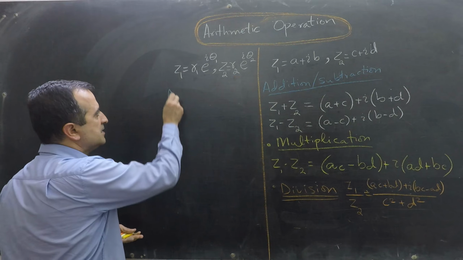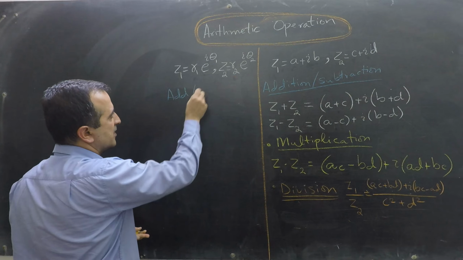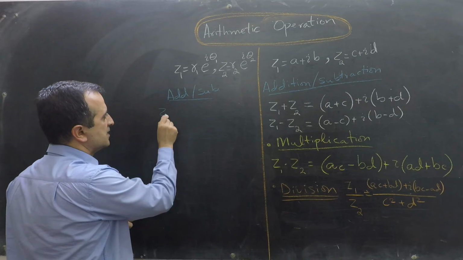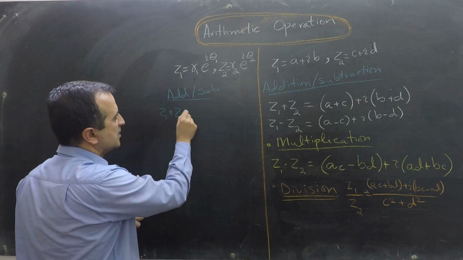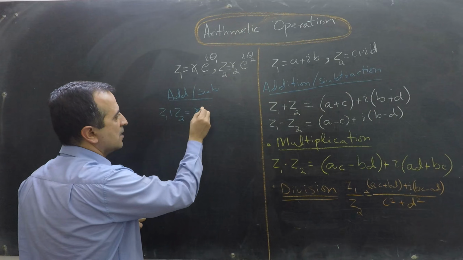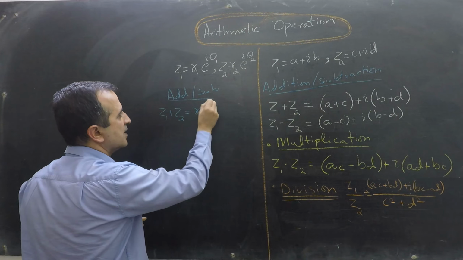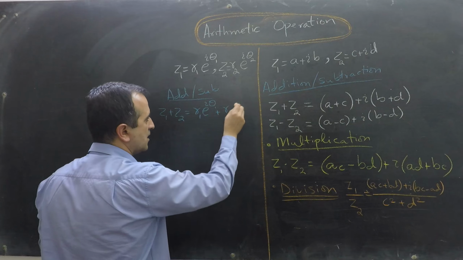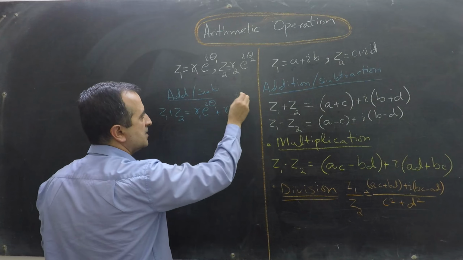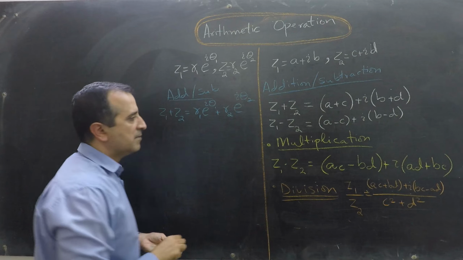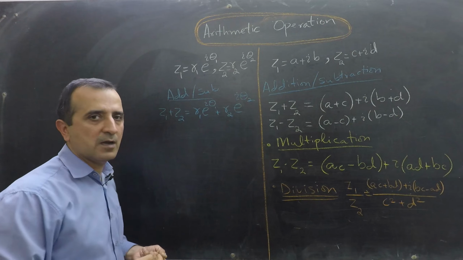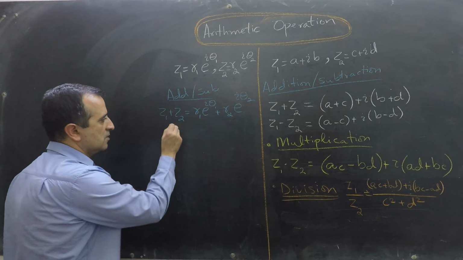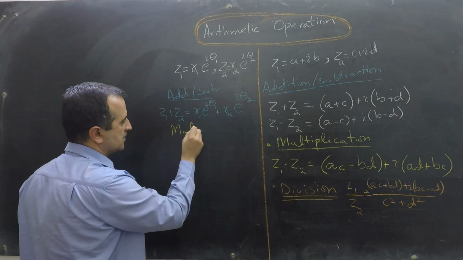So my addition and subtraction is kind of boring in this case, because z1 plus z2 will be equal to r1 Euler constant raised to power iota theta 1 plus r2 times Euler constant raised to power iota theta 2. But my multiplication and division are relatively much more interesting in this case. So let's look at the multiplication.